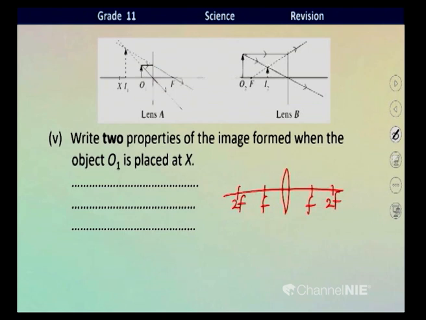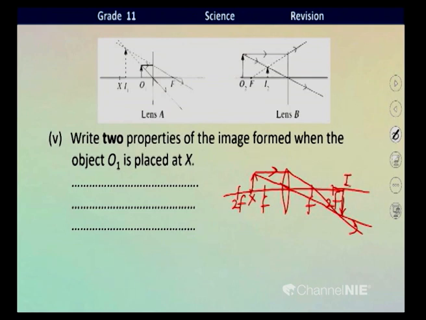Here X place is somewhere here. If the object is placed here, children, this is how the image is formed. See, the parallel light ray passes through the focus, and the next ray goes through the optical center, intersects somewhere here like this.